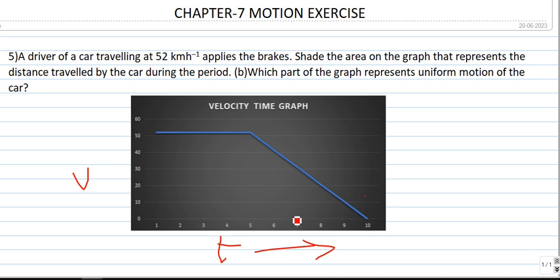Yes. So if you see here, this point is 52 km per hour. So the car is traveling at this speed and at this particular point of the graph, the driver is applying brakes. So if we drop a straight line here, this region of the graph will give you the distance travelled.